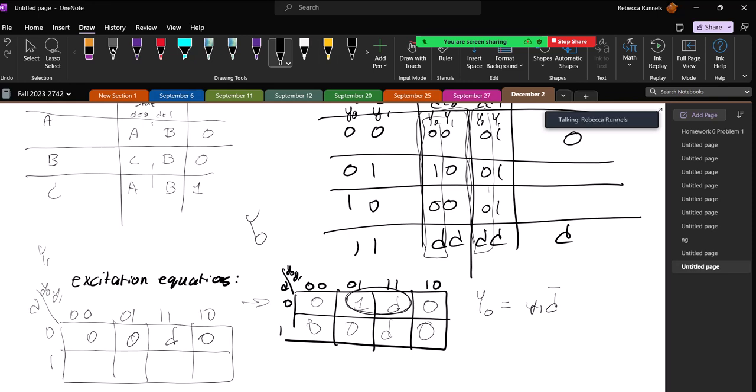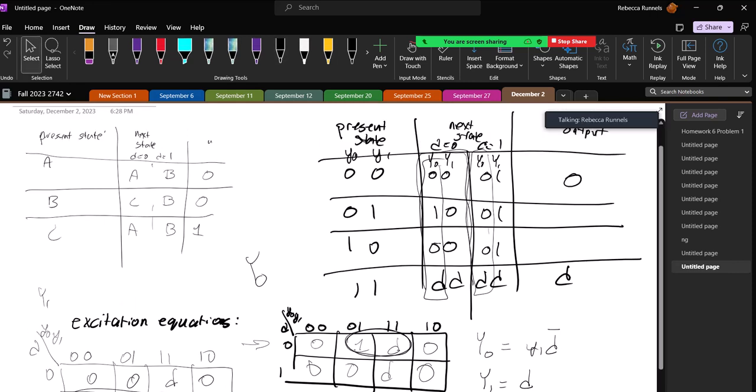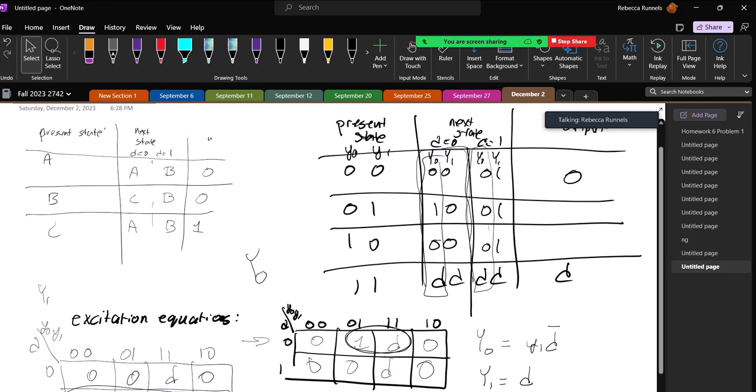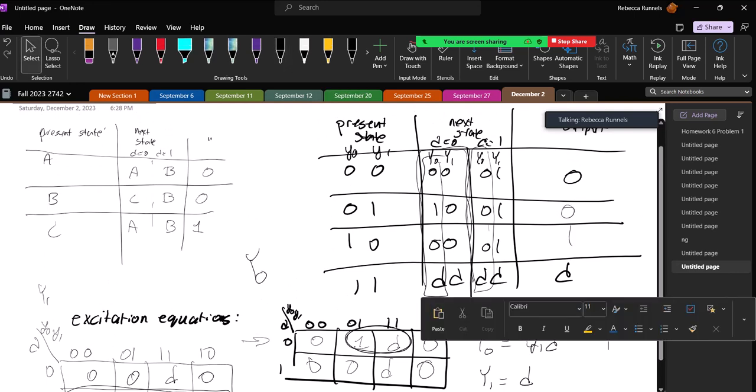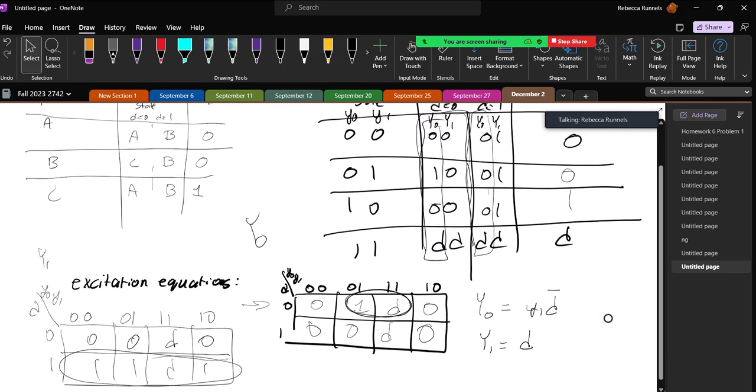And when D is 1, they're all 1s except for 1, 1, which is a don't care. So Y1 gets this bottom row, Y1 equals D. Now let's do our output. Our output was just based on y0 and y1.